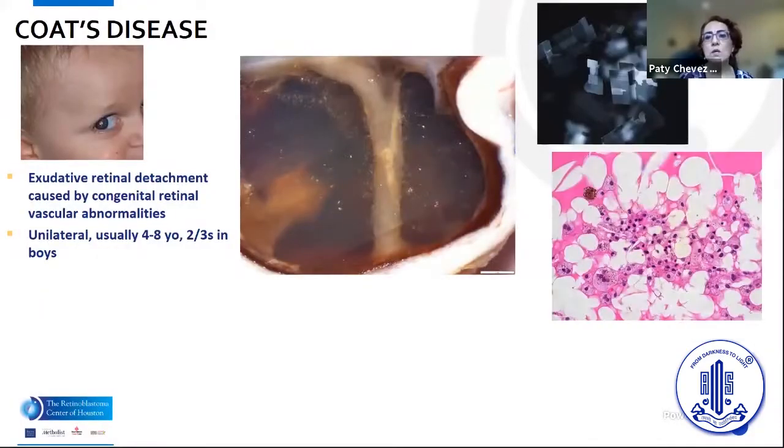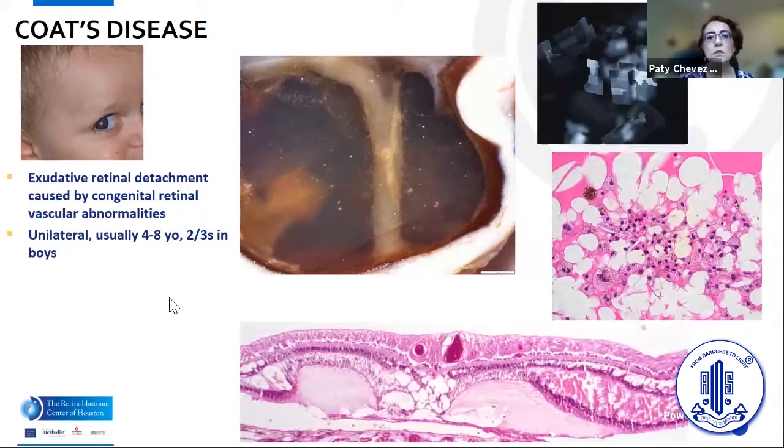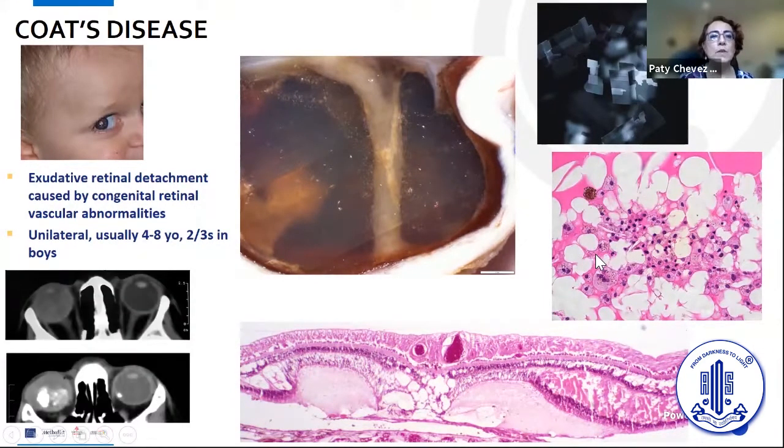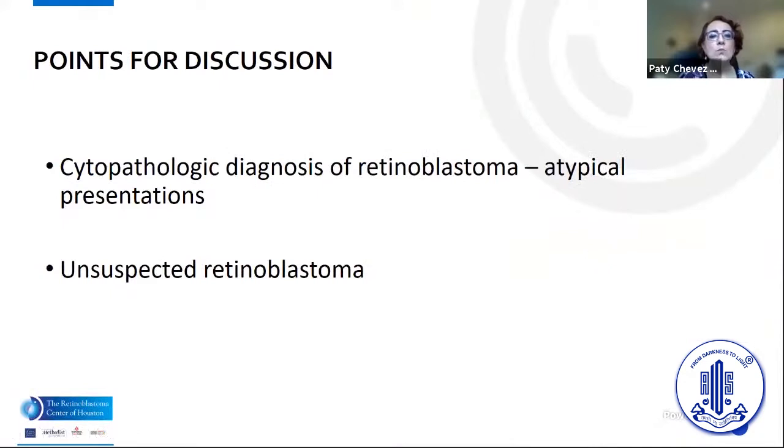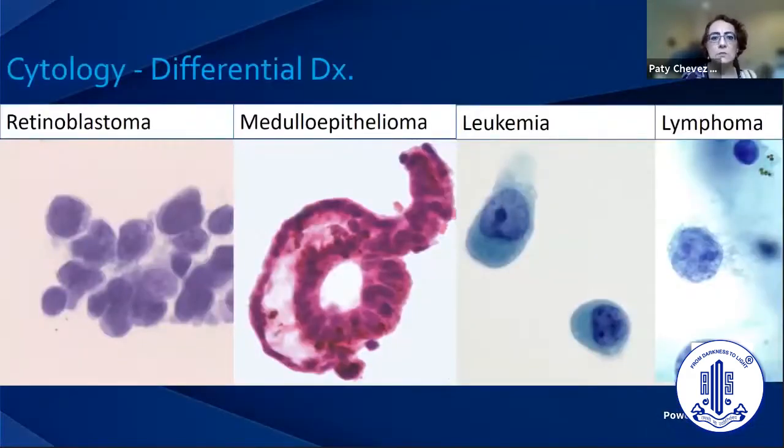And this is what you see in the real Coats disease. You see how the retina is pushed, and all of this can make a mass look white because of the macrophages. And so this problem is always with a cytology interpretation when you have atypical, unsuspected cases.